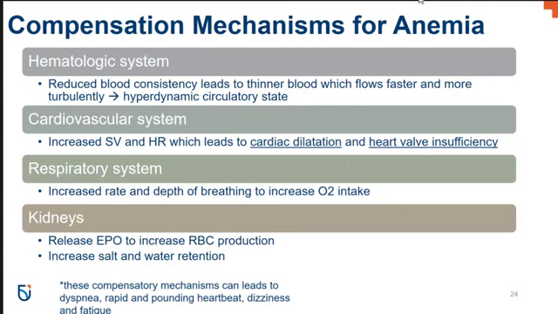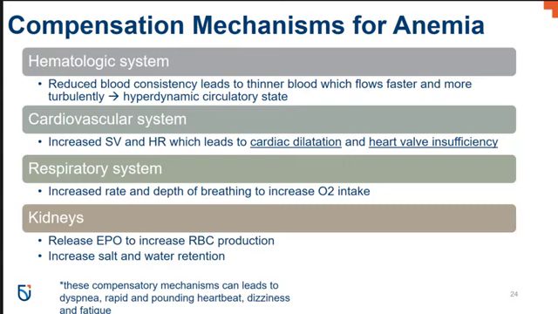It can also lead to heart valve insufficiency. So the heart valves, where blood moves through the different chambers and different regions of the heart, might become insufficient, where they allow for the regurgitation or the leaking of blood, really because they've been overworked. And the consistency of blood too has changed.